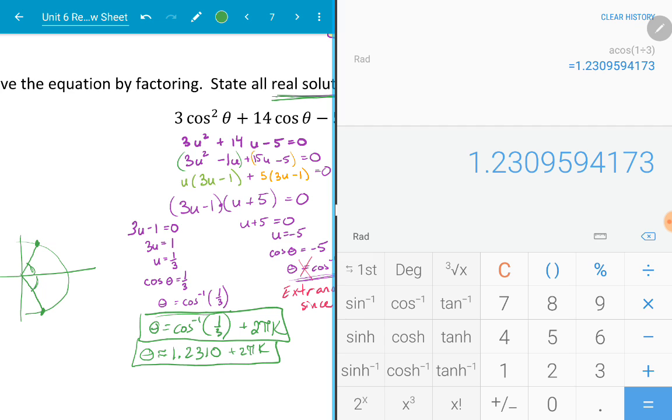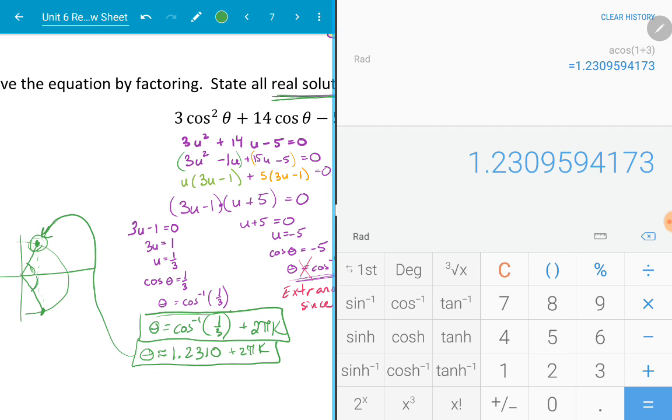So remember, when I use the calculator to get an inverse, it's only going to give me the principal solution. Since cosine is only defined on the top of the unit circle, that is this guy. So this is the x value right there. But there's another one, right? There's a guy that is exactly symmetric to him.